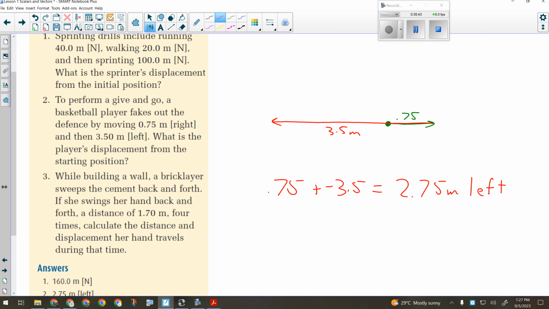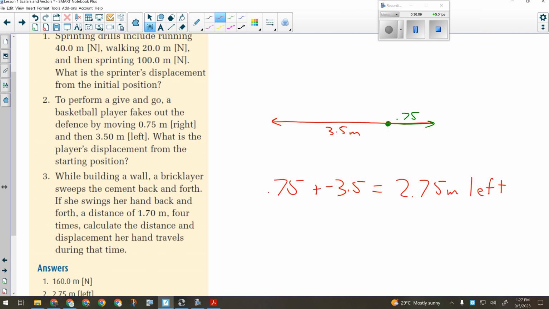Okay. Now, notice how I drew that. This is kind of the start of the principles of vector addition. I drew two arrows, each arrow representing a section of the trip. Those arrows, their length represented their magnitude. So the 0.75 was significantly shorter than the 3.5. Okay? And they pointed in the direction they told me they go.